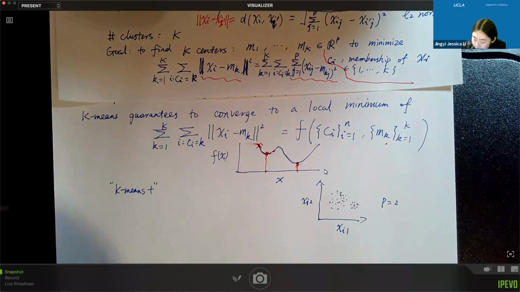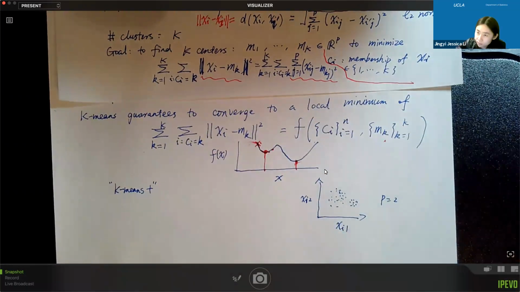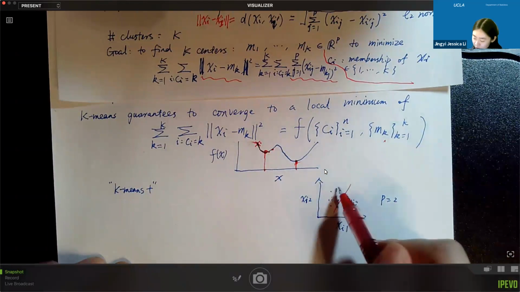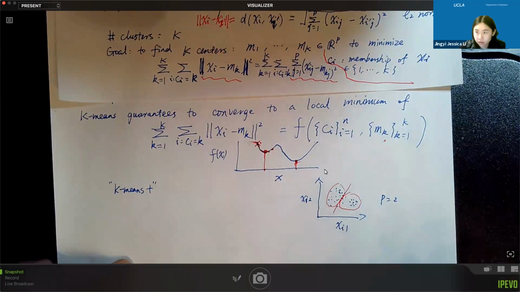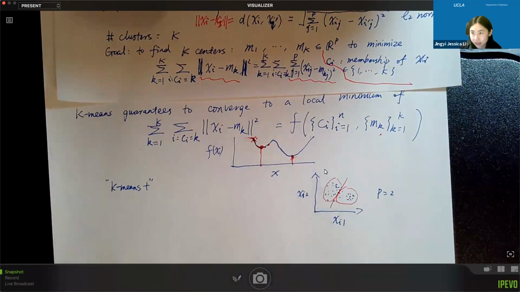You want this cloud to be one cluster, and this another cluster. But it's possible when your initialization is not very good, you may divide the data points in this way. So this part is called one cluster, and this is called another cluster. That's possible. That's the thing you want to avoid. And this can be addressed if you specify the initial centers to be far away from each other. And you can sometimes avoid this issue.